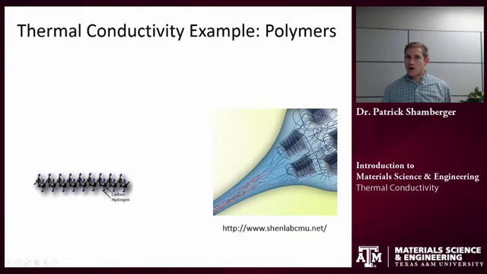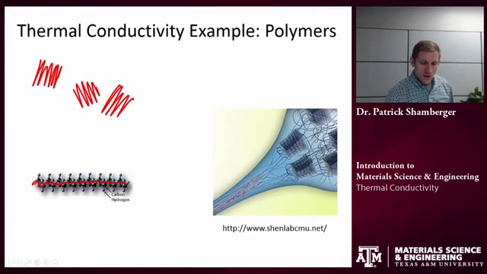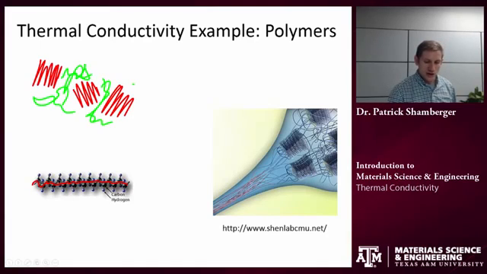Okay, let's think about one other example, and this is something that's really counterintuitive and kind of weird. So if we think about a polymer, right? A single polymer molecule is a long chain. A macroscopic solid of polymers, if we think about something that's semicrystalline, we'll have crystalline regions, and then maybe they'll be surrounded by relatively amorphous regions of those polymers, right?